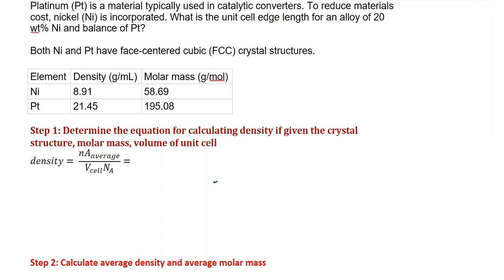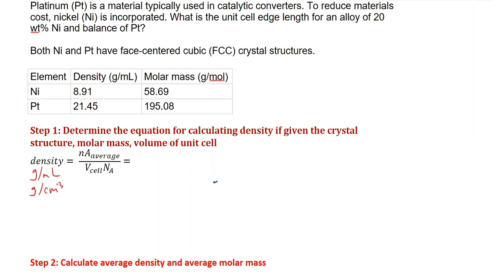And we see that in this relationship here, in which density in grams per milliliter or grams per cubic centimeters is equal to the number of atoms in a unit cell times the average molar mass divided by the quantity of the volume of the unit cell times Avogadro's number. And so we must calculate the average molar mass as well as the volume of the unit cell.